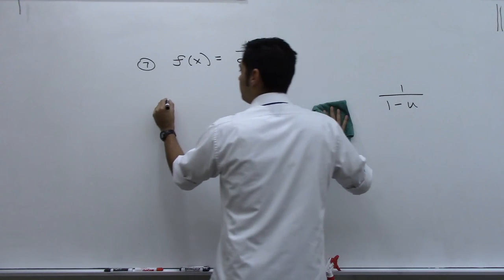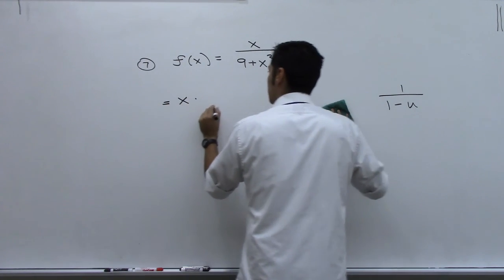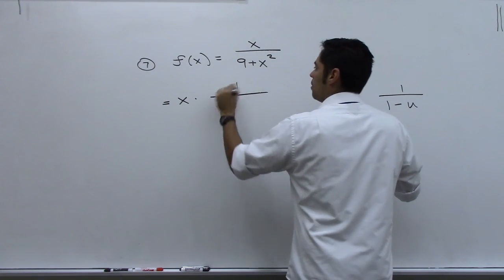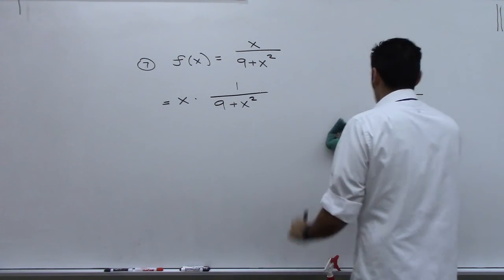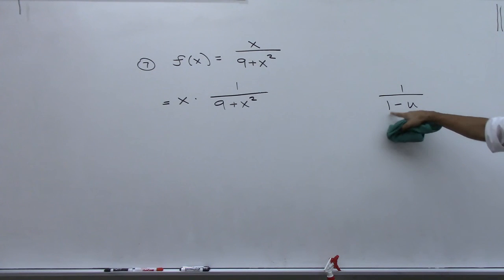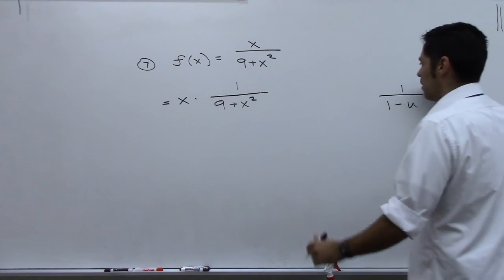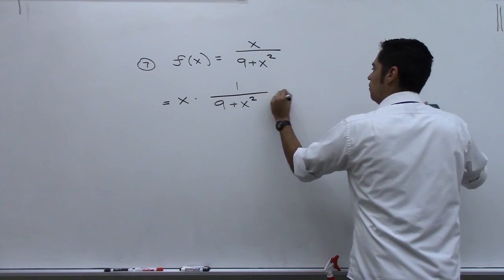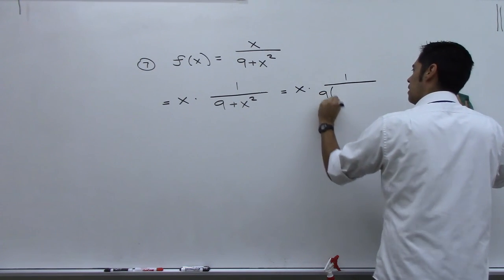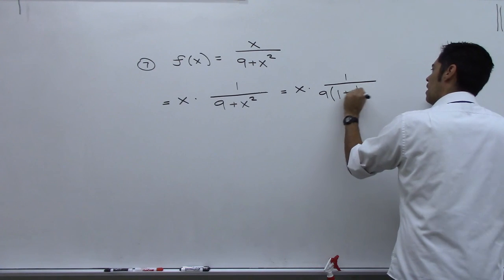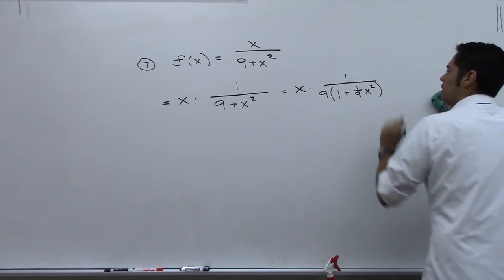So let's just see. First, I'm going to pull the x out. So just peel that x out and make this 9 plus x squared. And now I have the 1 on top. This I need to be a 1, so I'm going to factor a 9 out, get 1 plus 1/9 x squared.